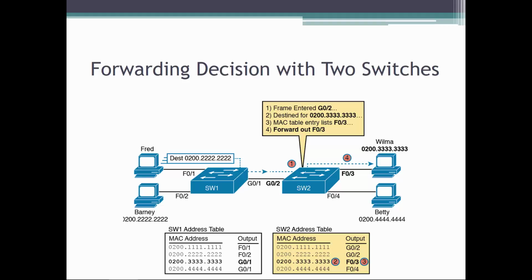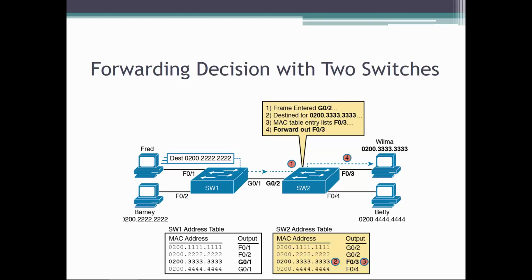Forwarding decisions with two switches. Same similar concept. Fred will send out to a destination. If it doesn't know where it is, for example, we now want to go to 020033333333, and we know that's Wilma, our switch 1 will actually have on its gigabit interface the MAC addresses for switch 2.